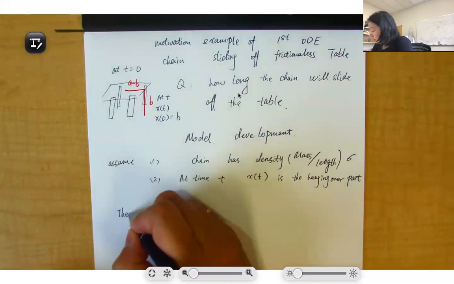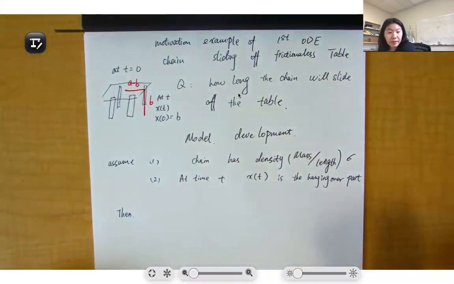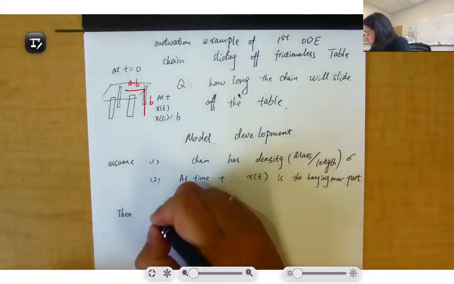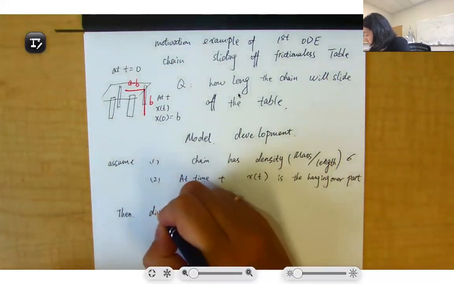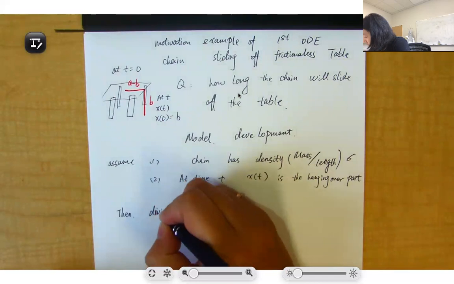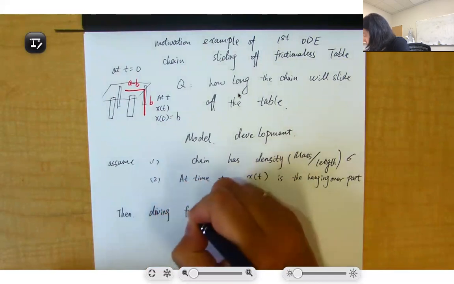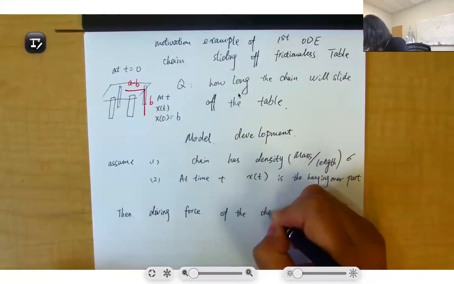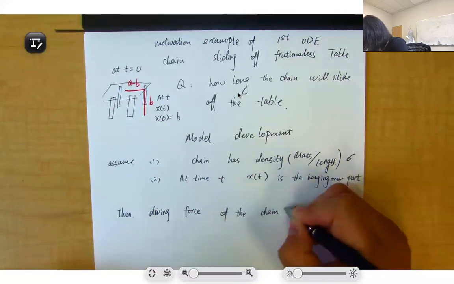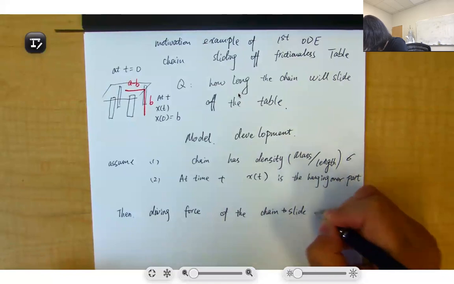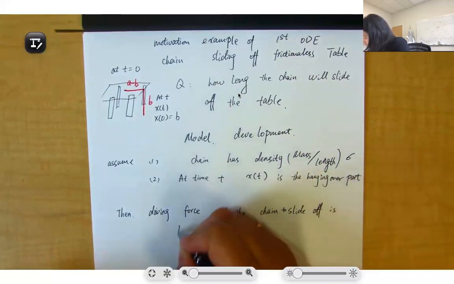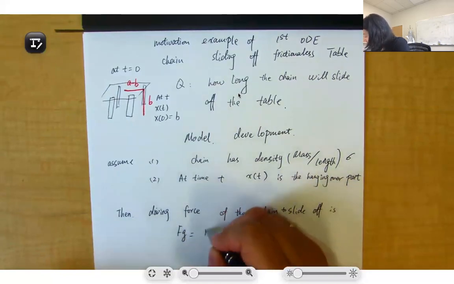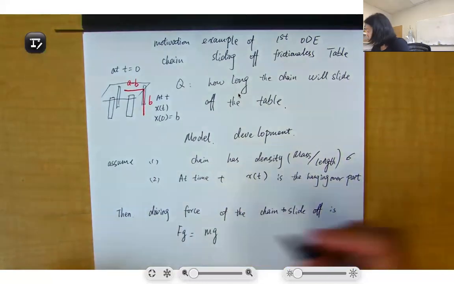Then what is the driving force for the chain to slide off the table? So the driving force of the chain sliding off is that Fg equals mg, the gravity, right?